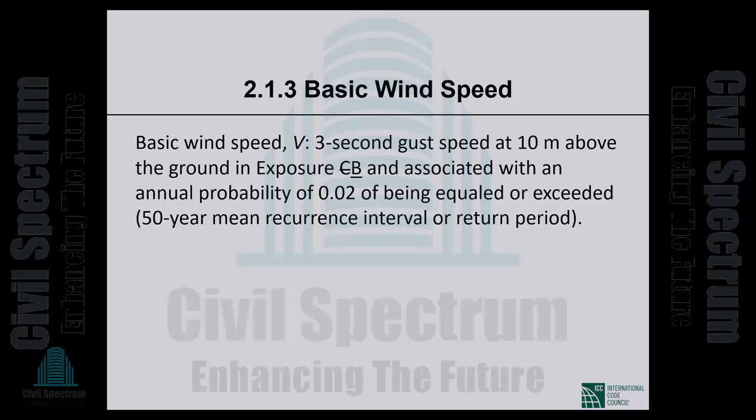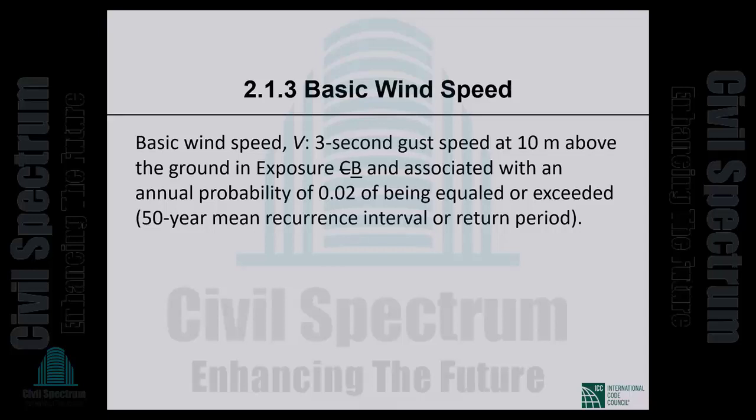So there are 4 elements to V. It is 3-second gust speed. It is at 10 meters above ground. It is at 10 meters above ground of exposure B. And it corresponds to a 50-year return period.